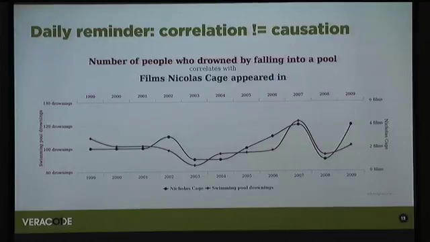Okay, and the last thing in terms of biases, just remember correlation is not causation. Does everybody get this? In case you don't get it, despite what this chart may suggest, you're not going to reduce the number of Nicolas Cage movies by erecting fences around your swimming pools.